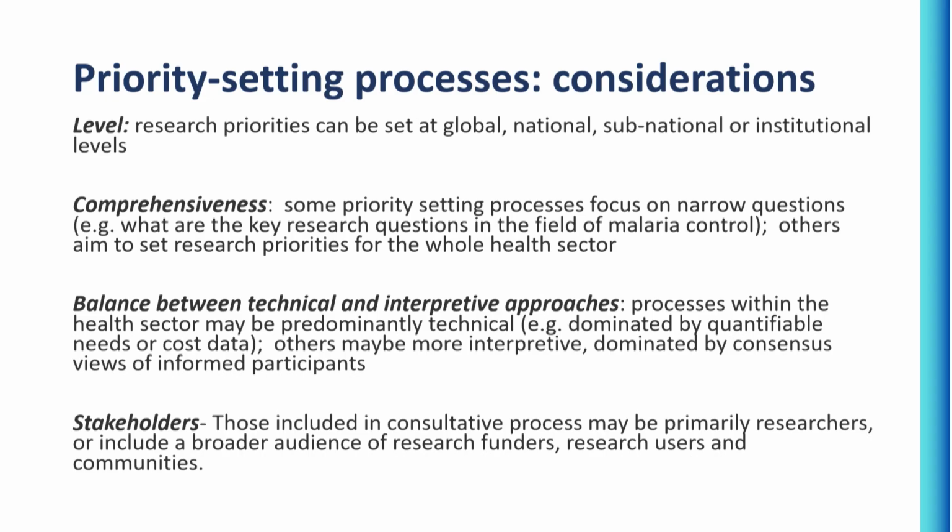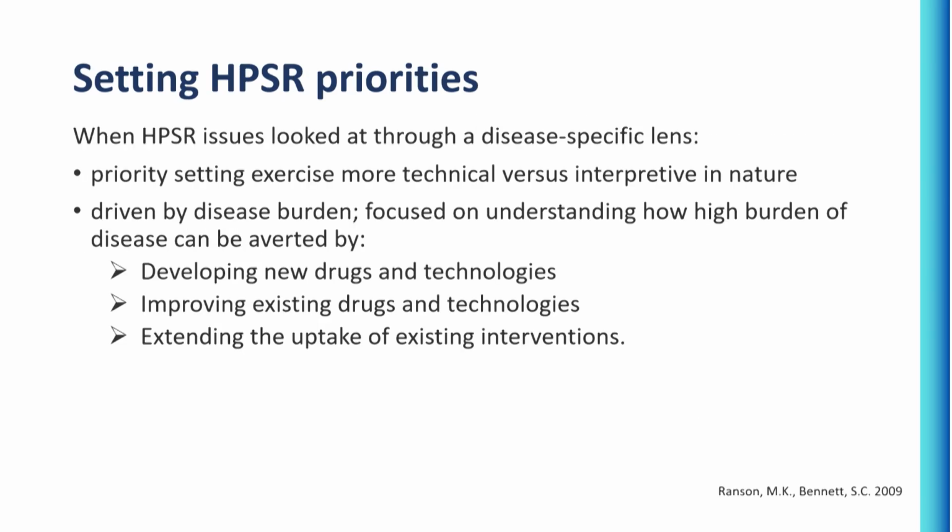What kind of evidence am I bringing into the equation? What kind of people am I going to consult? Am I looking at a more technical form of evidence, or interpretive evidence? And at what level am I setting my priorities?